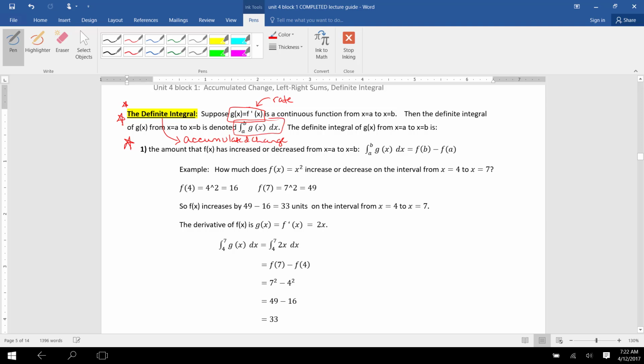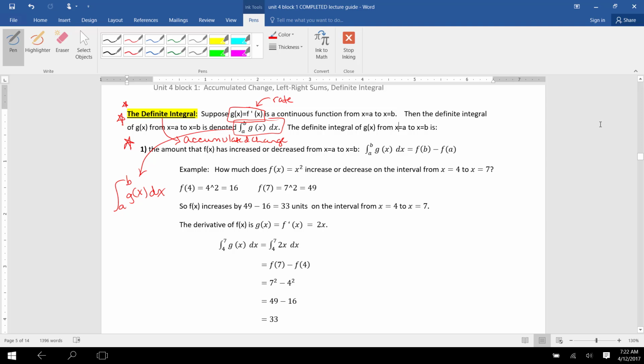See your integral symbol here. When I write integral a to b g of x dx, integral of g of x from x equals a to x equals b, that is the definite integral of g of x from x equals a to x equals b, and we want to understand what we're calculating when we find this value.